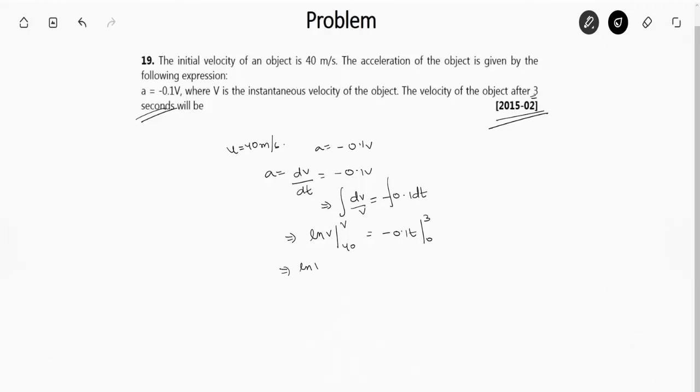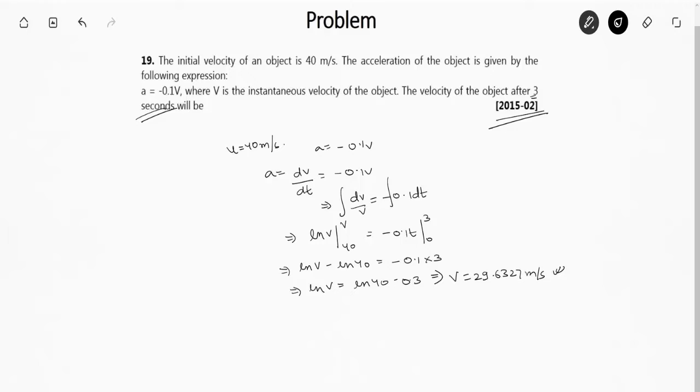So we can write ln v minus ln 40 equals minus 0.1 into 3, which we can further write as ln v equals ln 40 minus 0.3. Solving this, you will get the value of v as 29.6327 meter per second. So friends, this is the right answer.